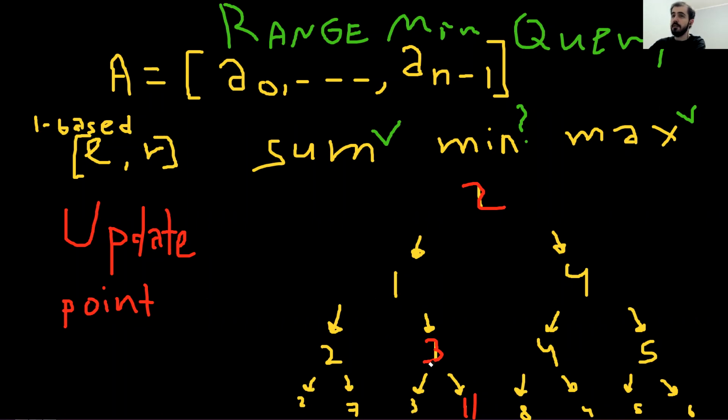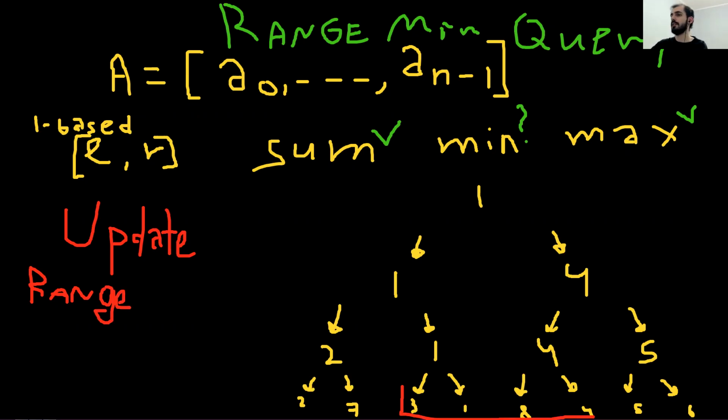But what if I told you that I'm not satisfied with point updates and I want segment updates? So we'll talk about range updates next. Suppose that I want to change this entire segment.